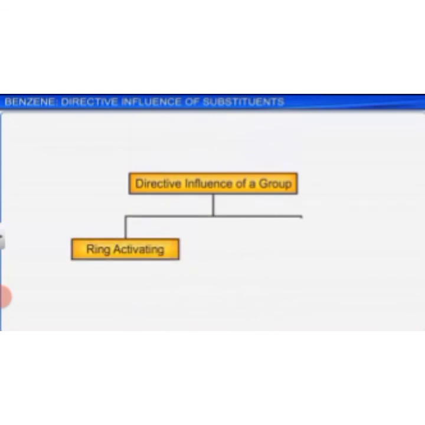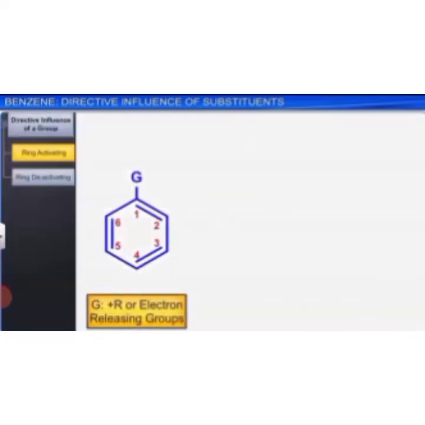Ring activating groups are +R groups or electron releasing groups which make the electron density relatively rich at ortho and para positions of the ring. Hence, these groups orient the new incoming electrophile to ortho and para positions.